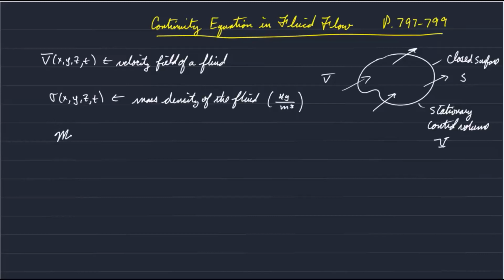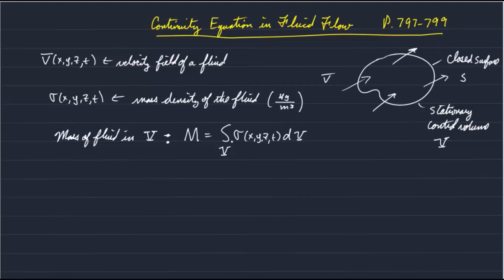So the total mass of the fluid in the volume V, we'll call that capital M, is equal to the integral over V of the mass density throughout the volume.